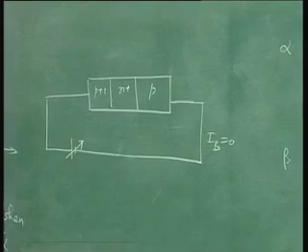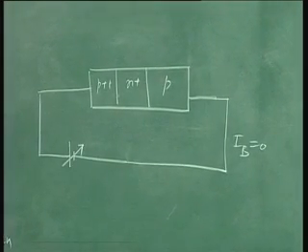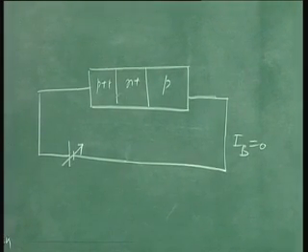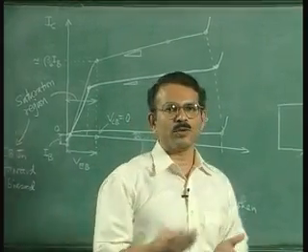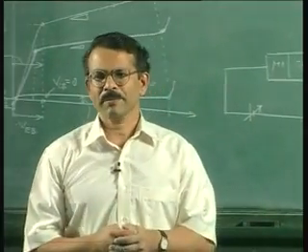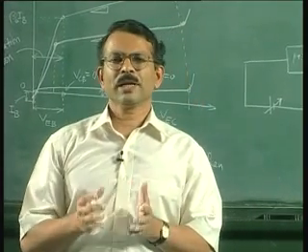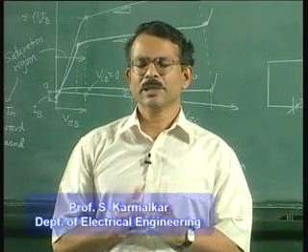Now IB is 0. So that is why this breakdown voltage here is Vceo, depends on how you show the axis. Collector to emitter breakdown with base open.